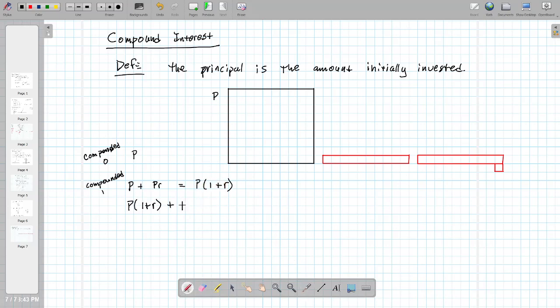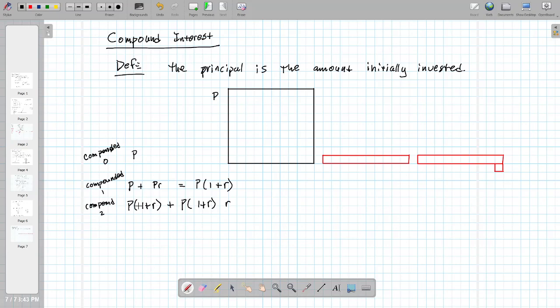So it would be plus P times 1 plus R times R, like that. Now these rectangular parentheses are unnecessary, but it would just be this. So we would have our rate times our current amount, which is how much we're compounding, plus the current amount that we have. So this would be compounding twice.